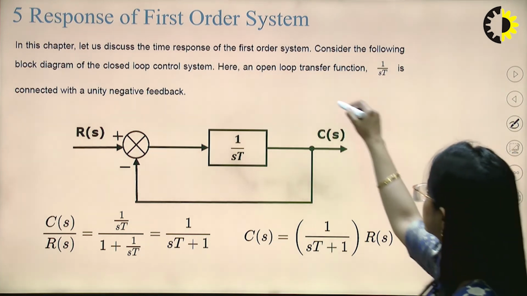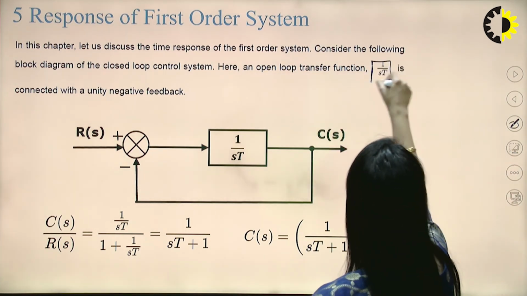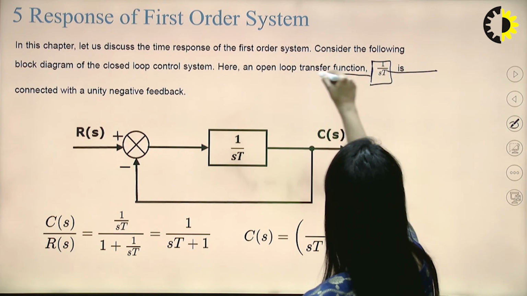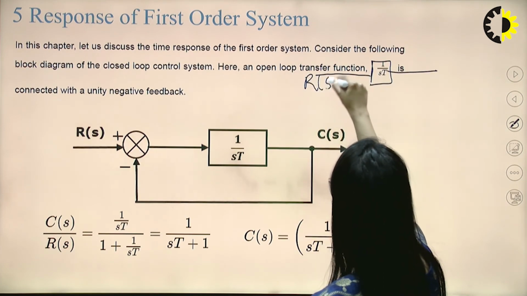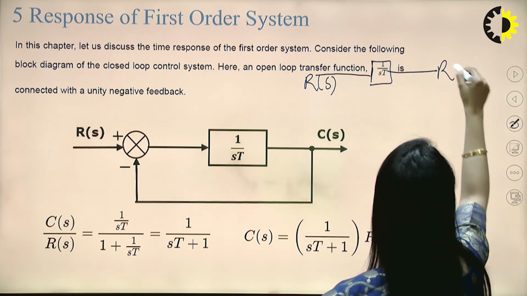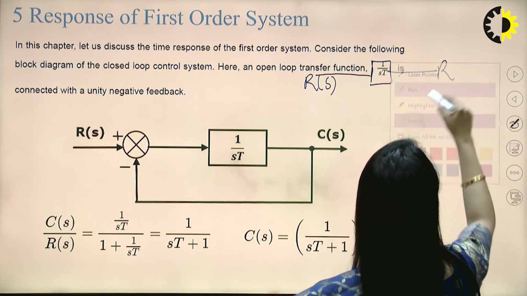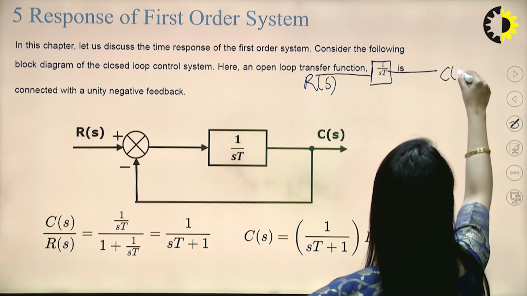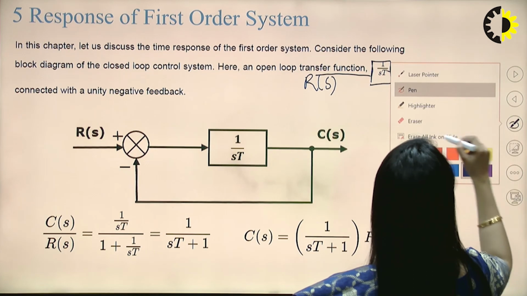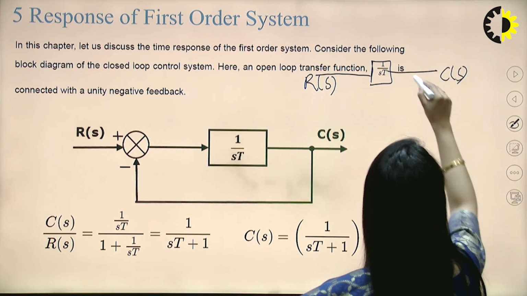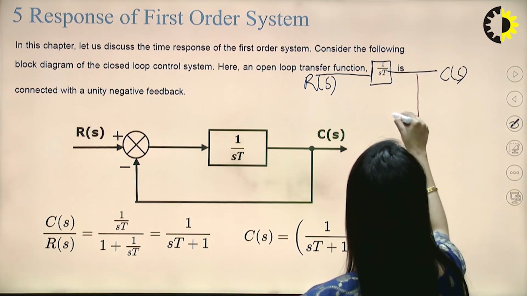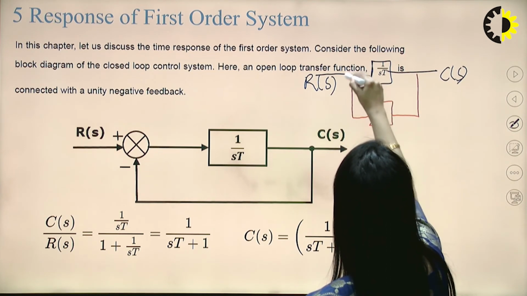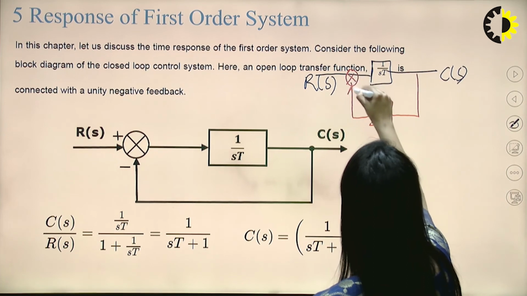What is happening is, let's say this is the open loop system, and then suddenly I connect it with a negative feedback. So for negative feedback, I am putting a minus sign here.